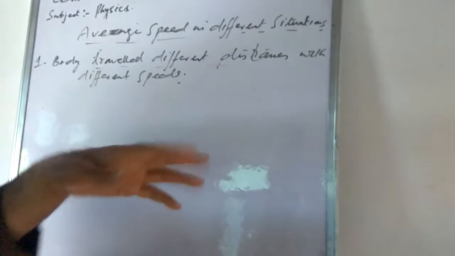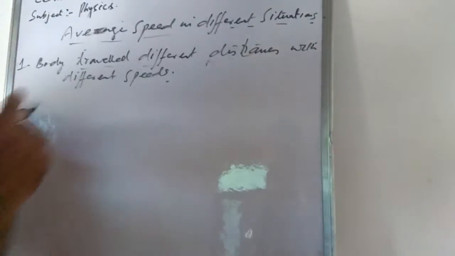The first situation is when the body is traveling different distances with different speeds. How can we calculate what the average speed of the body will be when the body is traveling different distances with different speeds?